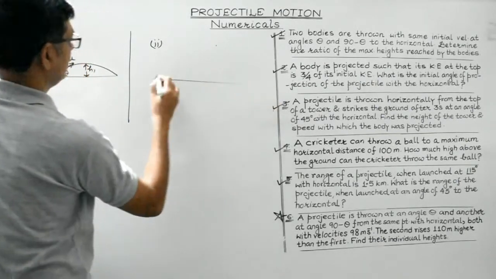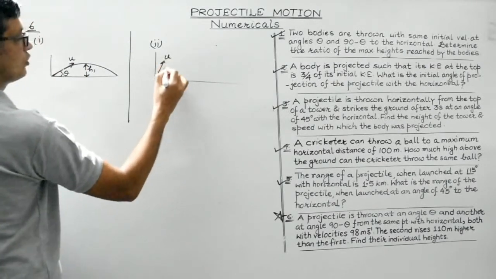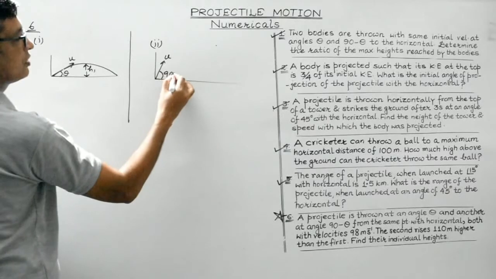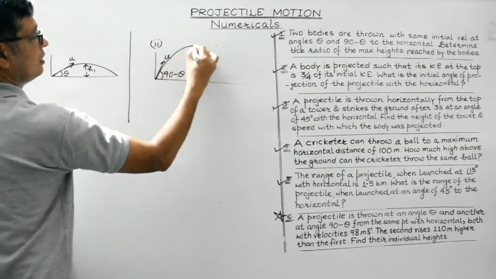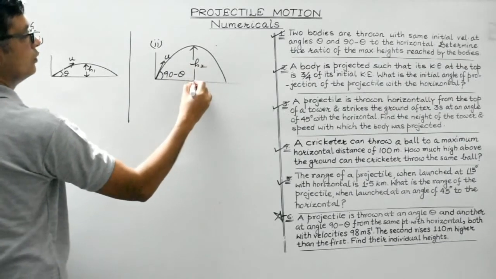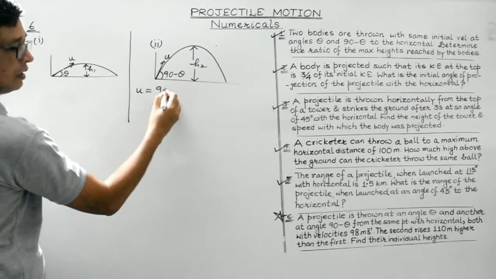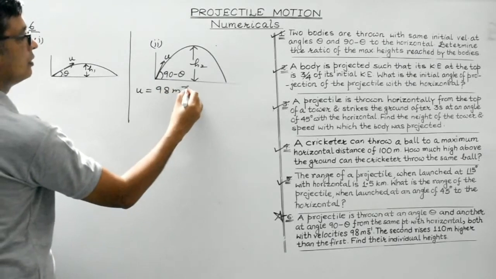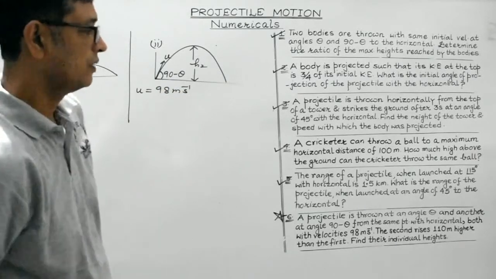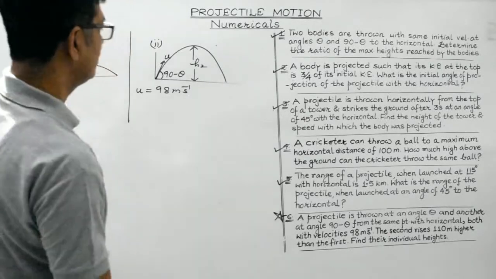And in the second case, same velocity of projection, but the angle of projection is 90 minus theta. Here the height is h2, right? In both the cases, u is given to be 98 meter per second. And it is given that the second rises 110 meter higher than the first one.